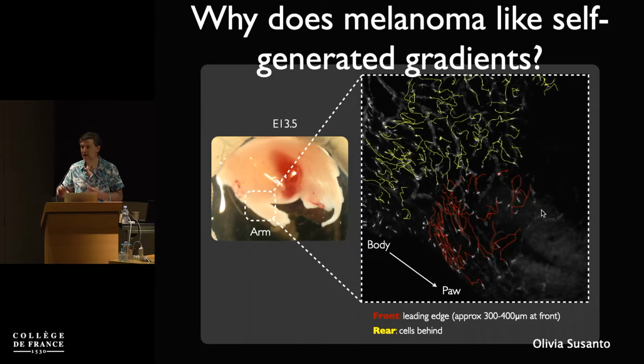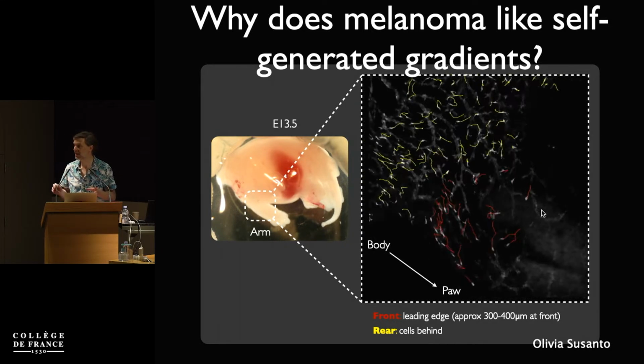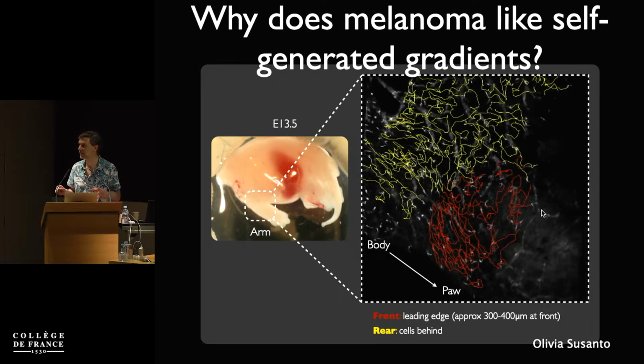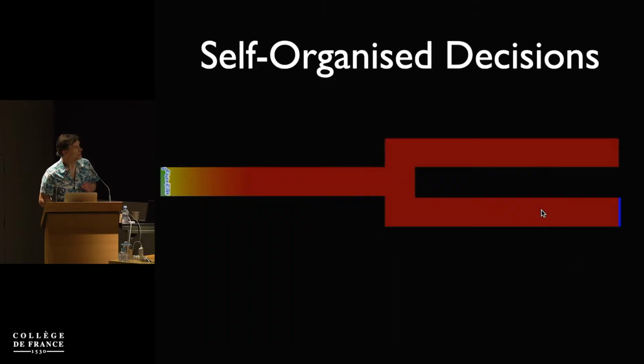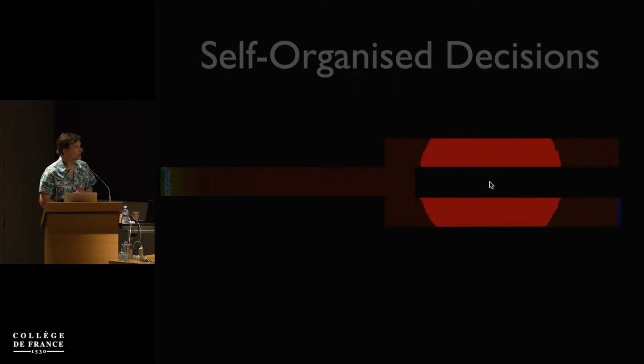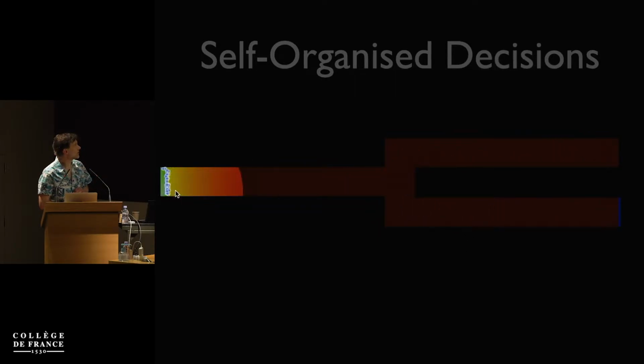And I hope I can explain this clearly enough in only a few slides. I deleted lots of slides to show you some new work, but let me try. So imagine that cells are chemotaxing, but while they chemotax, they have to make a decision. So there's the upper branch and the lower branch. The cells are coming from here.